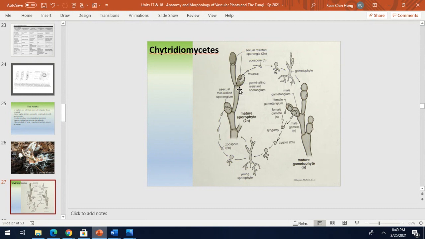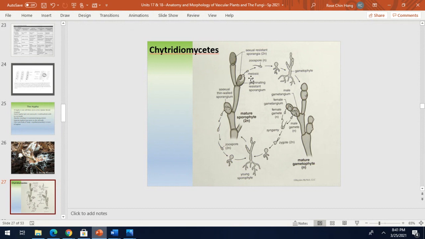However, they can also reproduce sexually. So here our sporangia, which is 2N, go through meiosis and make zoospores. All right, so the sporangium is resistant to all kinds of conditions so that they can survive to make their zoospores.